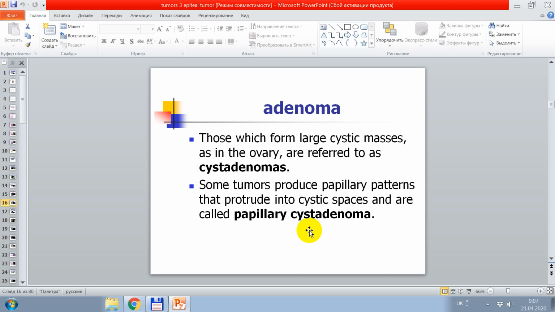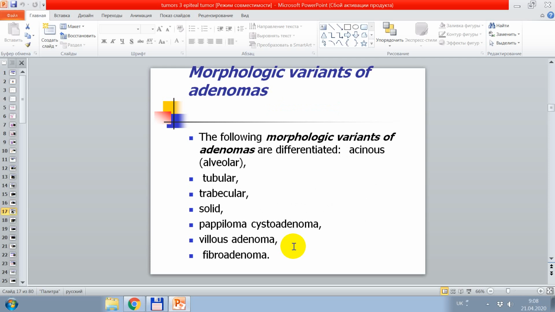Adenomas which form large cystic masses, as in the ovary, are referred to as cystadenomas. Some tumors produce a papillary pattern that protrudes into the cystic space and are called papillary cystadenomas. Morphological variants of adenoma.